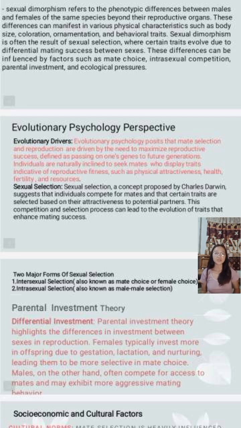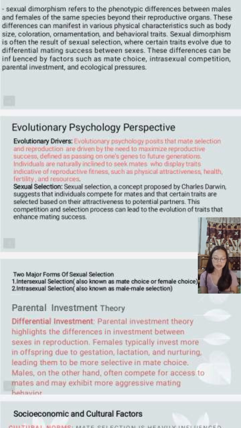When we say sexual dimorphism, it refers to the phenotypic differences between males and females of the same species beyond their reproductive organs. Like us humans, males and females have different sizes and different physical attributes; we are all different, not the same, apart from our reproductive organs.